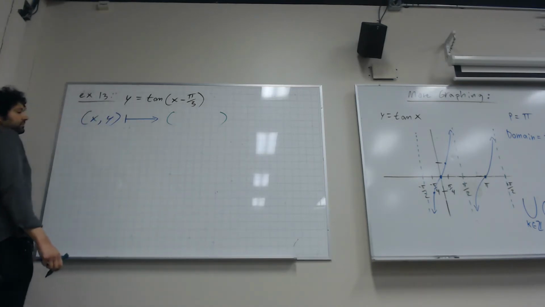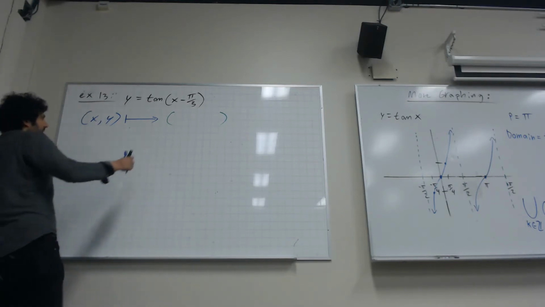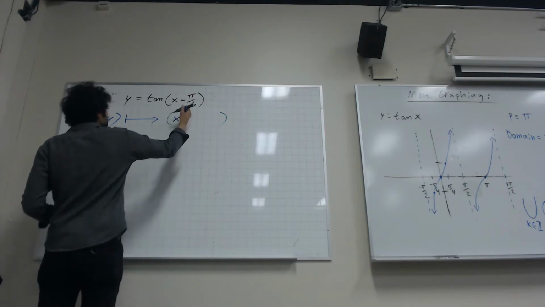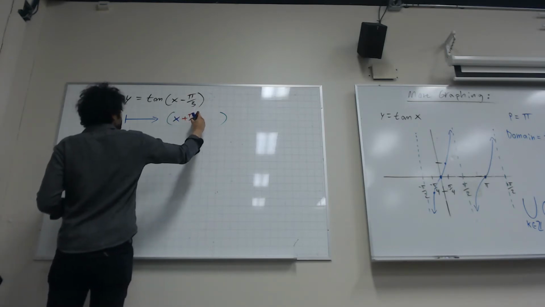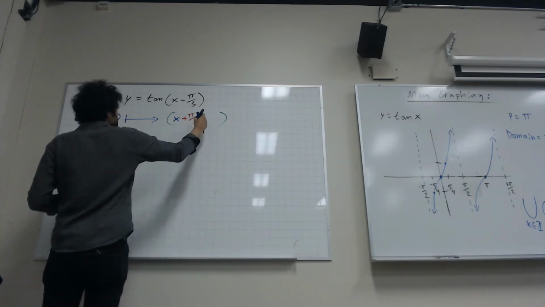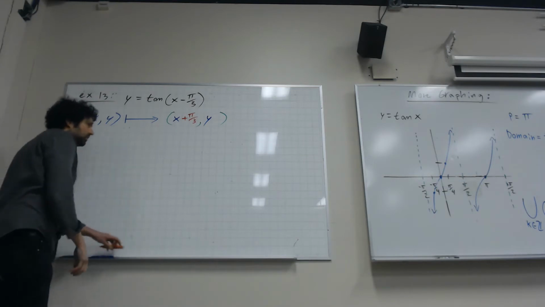Where does it end up? x plus pi over 3. That's going to shift to the right, so it has an effect on the x coordinate. Add pi over 3, because it's reverse, remember? Y coordinate? Just y. No effect on the y coordinate.